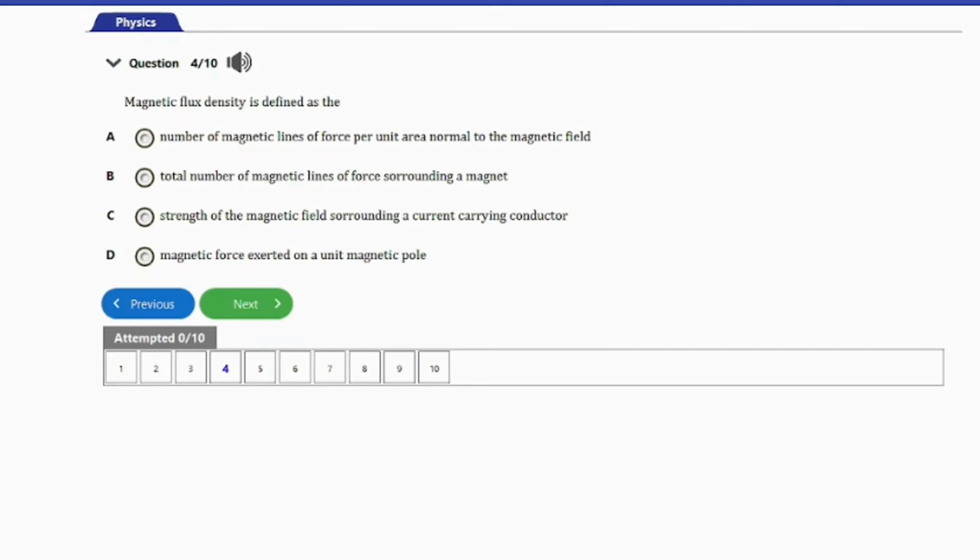And D. Magnetic field exerted on a unit magnetic pole. The answer to this question is option A here. The magnetic flux density is defined as the number of magnetic lines of force per unit area normal to the magnetic field. And that's it for this question. Let's go ahead and consider the next question, guys.